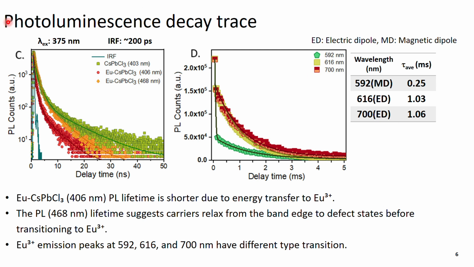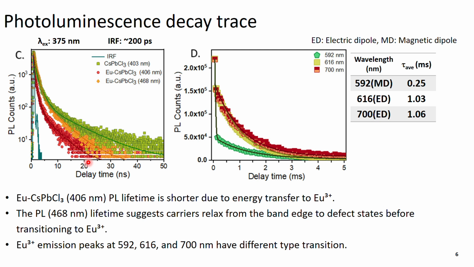First, we look at the left picture. We can see the red line has the shorter lifetime in this picture, and the red line is the band gap emission from the europium-doped perovskite.